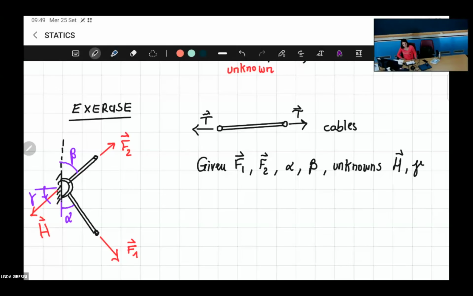As in any other mechanical problem, the first step is what we said yesterday, to find the free body diagram.